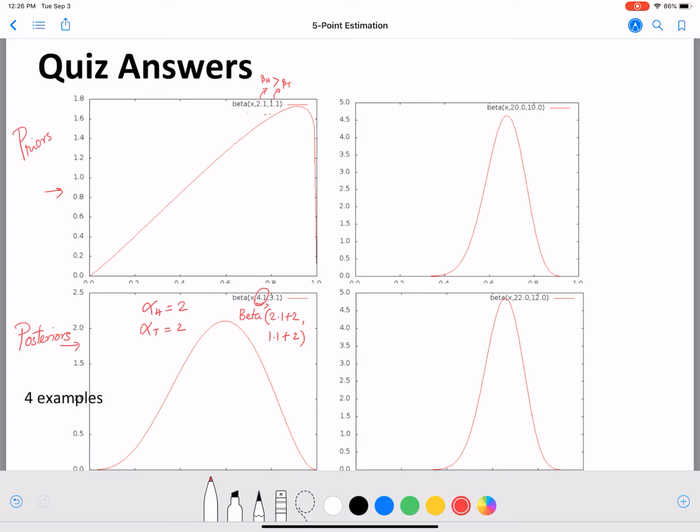Now let's look at the other example. Here we have a stronger prior because the values are higher. And you can see here that the alpha h value and alpha t value are not going to change for both these examples. Alpha h is 2, alpha t is also equal to 2.